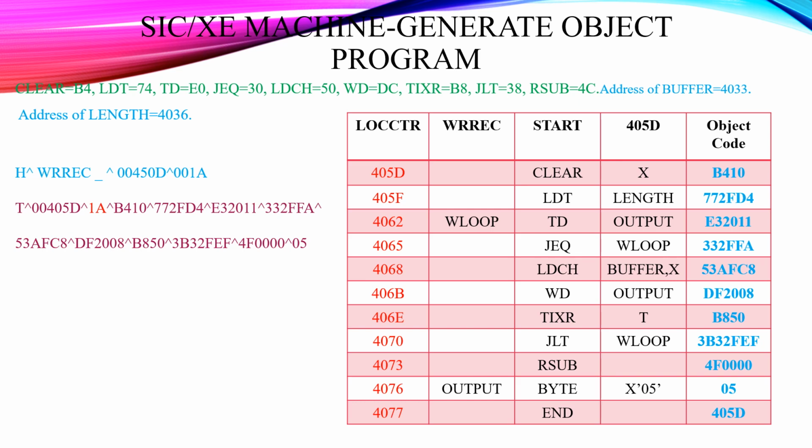So here the first is the starting location counter 00405D. 1A is the length in bytes, where we subtract the location counters: 4077 minus 405D.